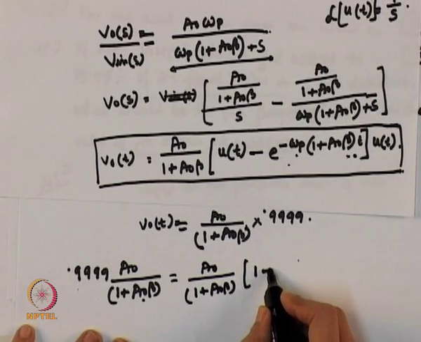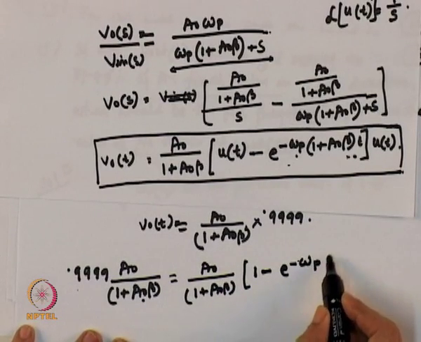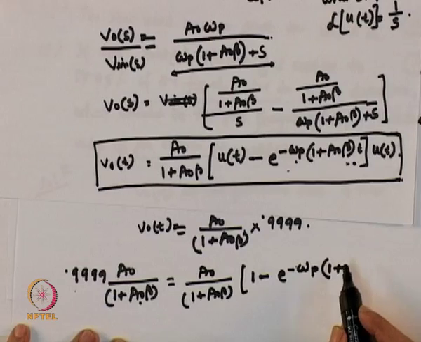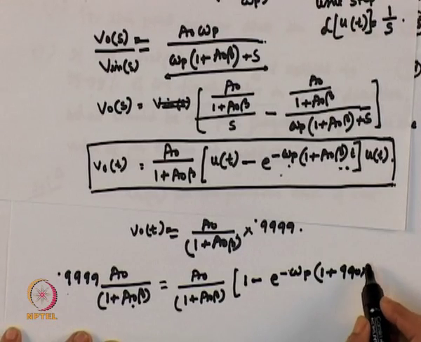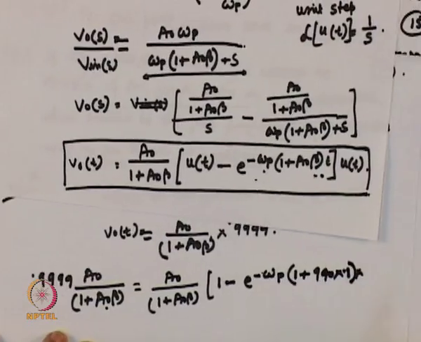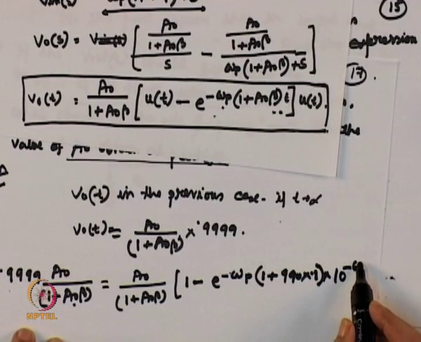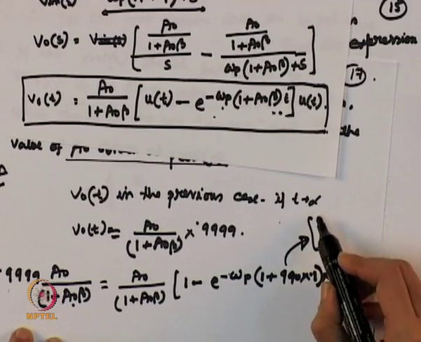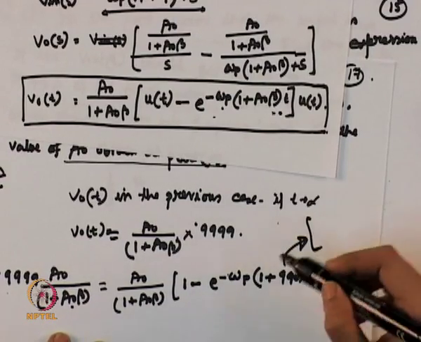So, it is 1 minus e to the power minus omega p times 1 plus A naught beta t. If you can recollect, A naught we have calculated in our first problem, it is 990, and beta is 0.1, which is already given, and t is 1 microsecond, so it is 10 to the power minus 6. I am writing here because these values we have taken from the given problem set, and one value we have determined, that value we are using.